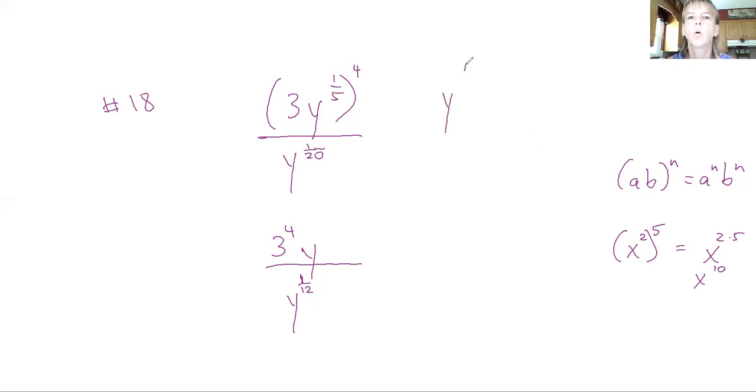Y to the 1/5 times 4/1, yes? Which is y to the 4/5. So this is a 4/5 here, because power to power we multiply. And now you have y's upstairs and y's downstairs. You're going to have to simplify.